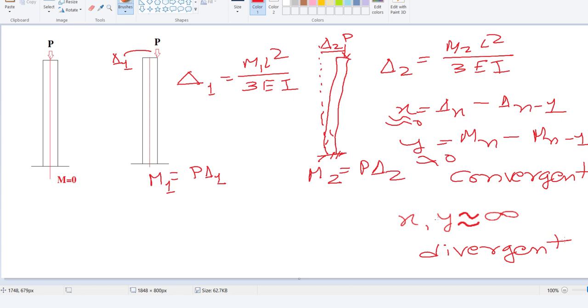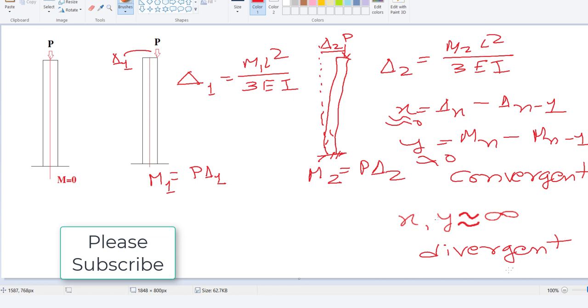Now, there is a very significant structural interpretation of this convergence and divergence. When it is converging, the solution is converging to some state of equilibrium. But when it is diverging, the solution is not achieving any value. That means the structure is not stable. It is an unstable structure because the solution is divergent and is going to collapse.